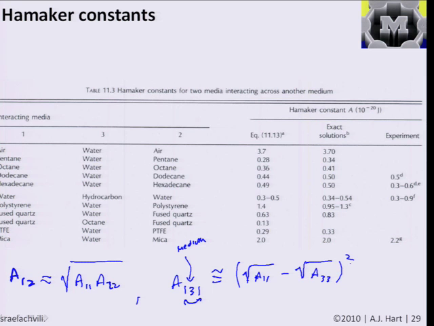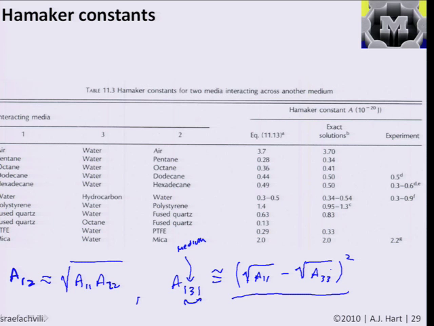So if, for example, you had values for, say, quartz interacting with quartz across a vacuum, and you had values for, say, water interacting with water across a vacuum, then you could calculate the value for, say, quartz interacting with quartz across water by a relationship like so.